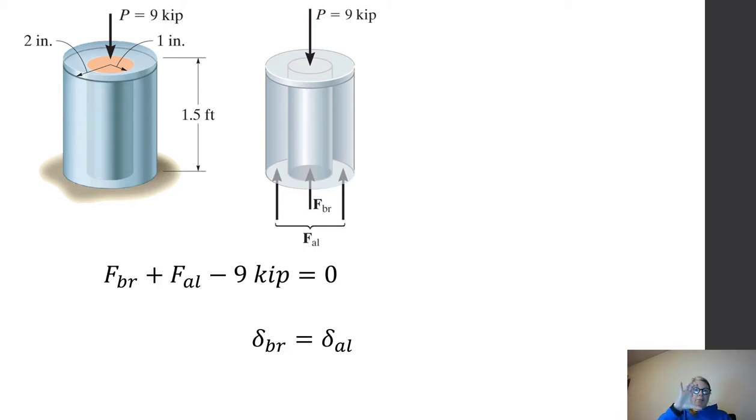So I have the force in the brass, the length of the brass, the area of the brass, and the E of the brass equals the force in the aluminum, the length of the aluminum, the area of the aluminum, and the E of the aluminum. So I can use this system of equations to calculate the resisting force in both the brass and the aluminum, and it takes their material properties, the E, and the geometry into account.